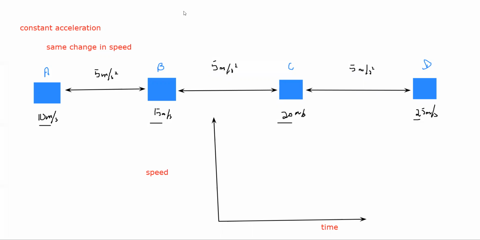When the speed increases at a constant rate, the graph will be a straight line with a constant slope or constant gradient. This shows that the speed is increasing, but its acceleration is constant, or the acceleration remains unchanged.